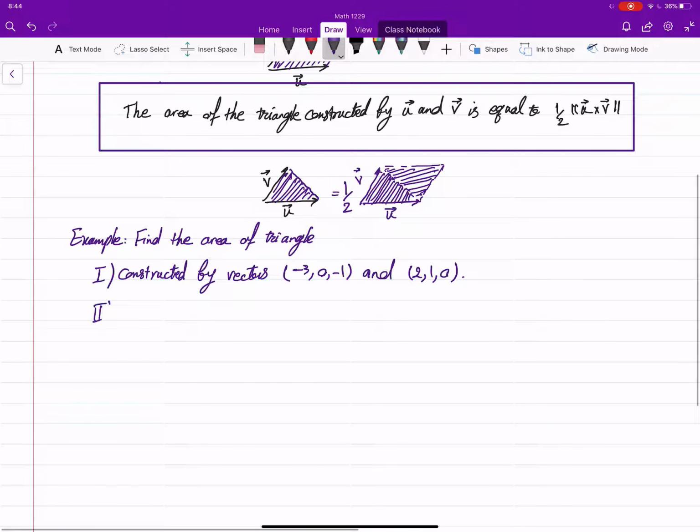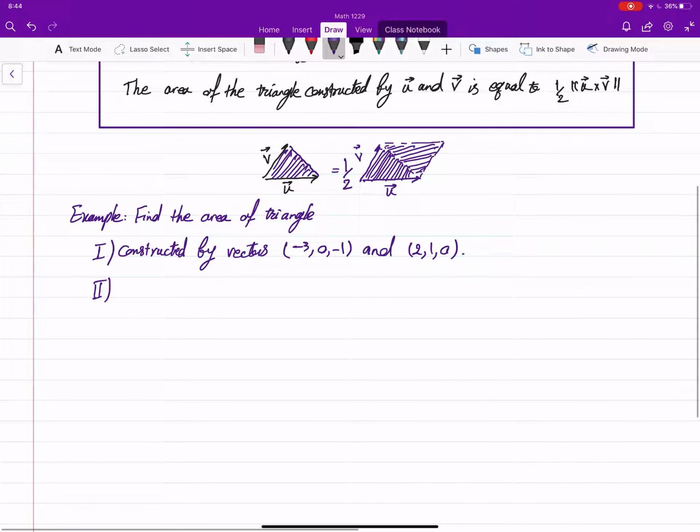Part two, this is another triangle with vertices given by 3 points: 1, 0, -1.